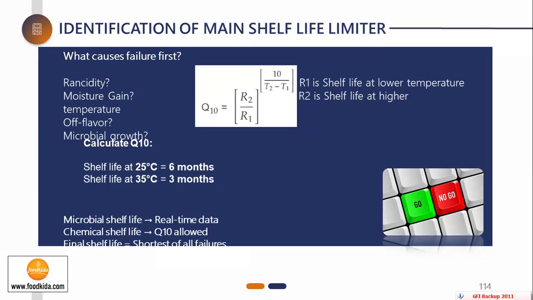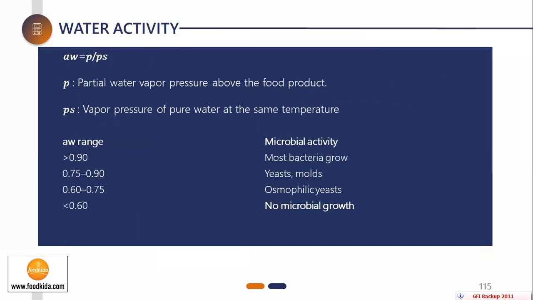But if you go above 40, microbial growth will go down. So it is non-linear. As per Q10, it is linear: the more you increase the temperature, the more the product will deteriorate. Here, the relation is inverse. If I increase the temperature, microbial growth will go down. So that is the reason.